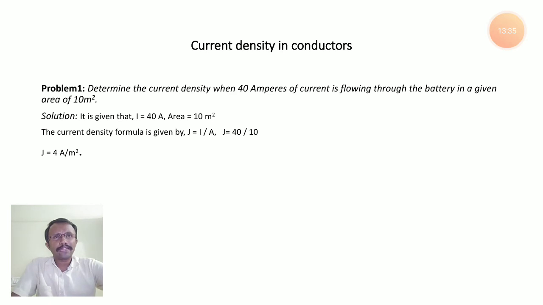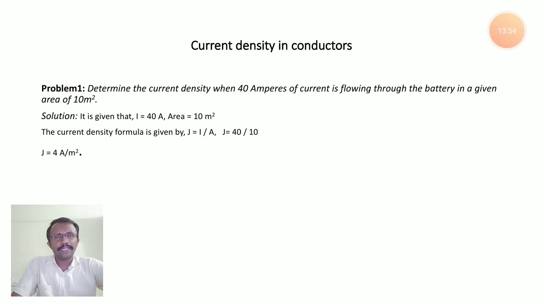Here what is given? I is equal to 40 amperes. The current units you already know, amperes. And the area of cross section, the units for area are meter square. So I is equal to 40 amperes and area A is equal to 10 meters square.